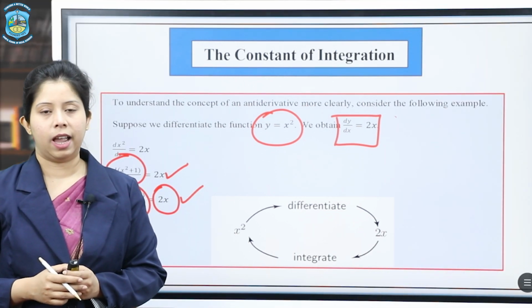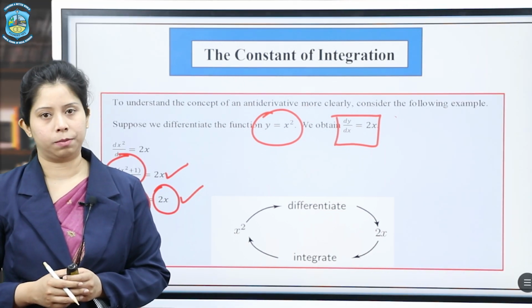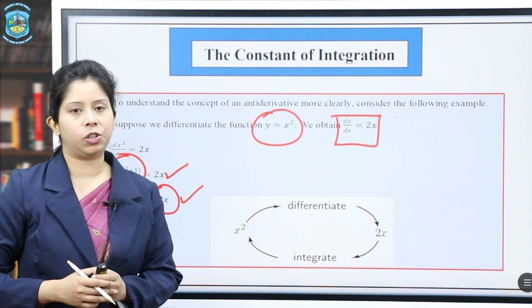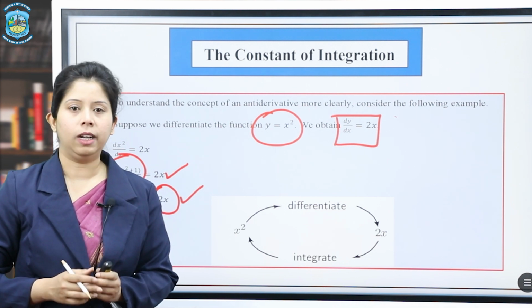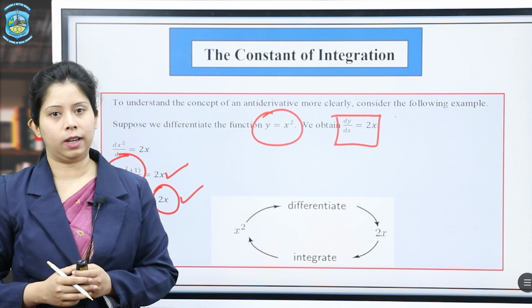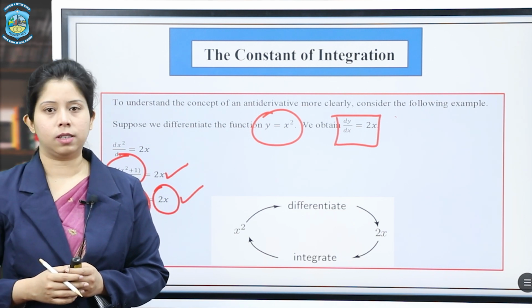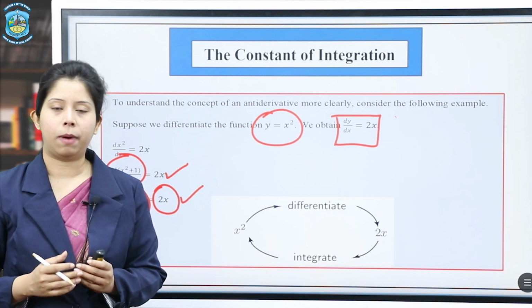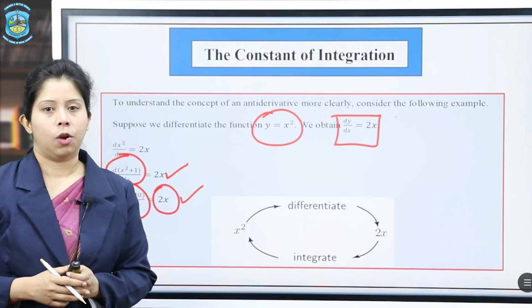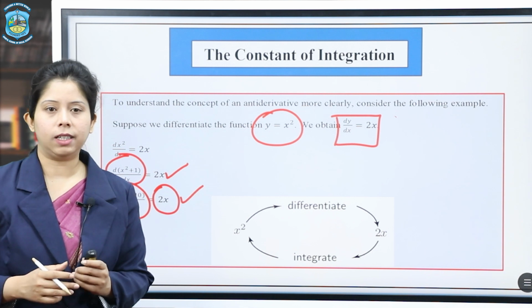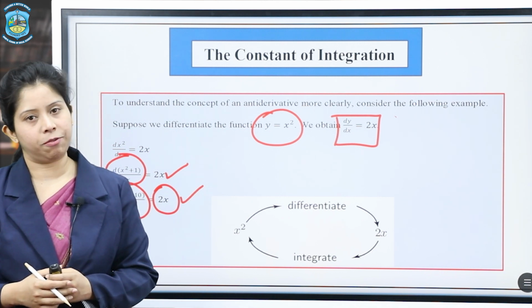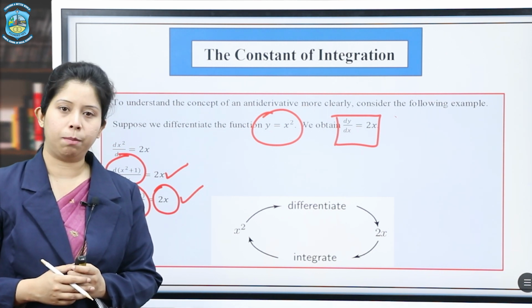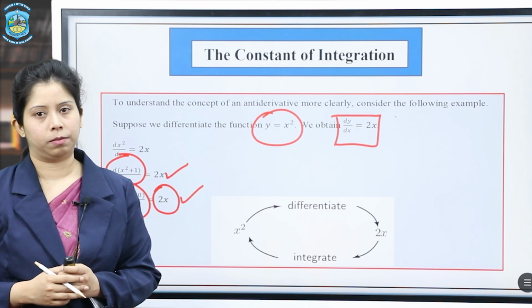All these functions have the same derivative 2x, because when we differentiate the constant term, we obtain 0. Consequently, when we reverse the process, we have no idea what the original constant term might have been. Hence, an antiderivative of the given function f of x will always be incomplete up to a constant.